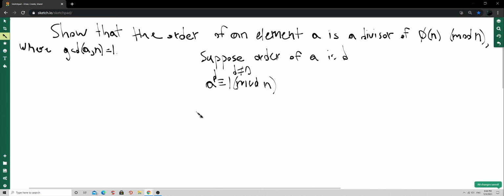And by Euler's theorem, we also found out that a to the phi of n is congruent to 1 mod n.